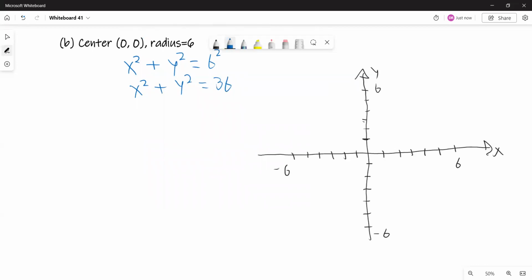Okay, and let's draw the graph. So that's the center at the origin. And let's try to do this. I didn't do a perfect scale. So let's suppose that the circle is round. This can be challenging sometimes. Okay, I'm going to fix that.